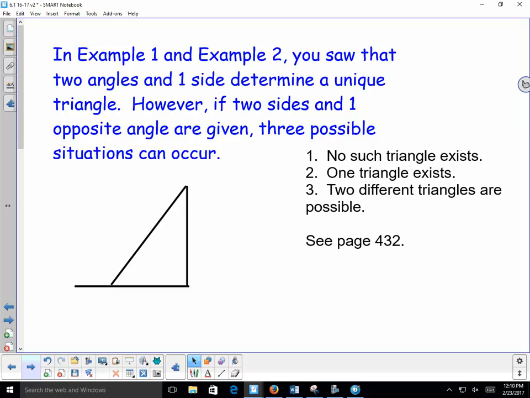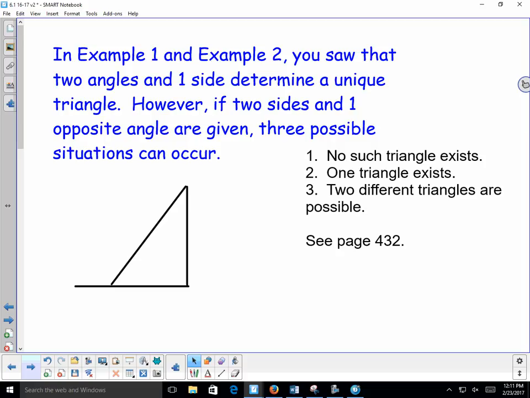A little closer look at this ambiguous case. Okay.